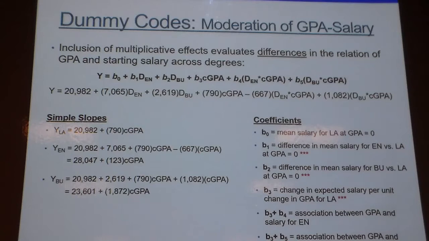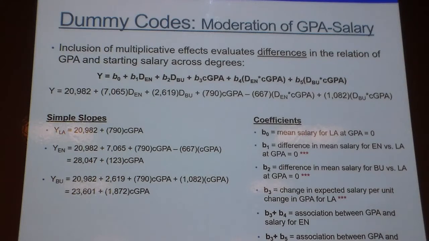So if I want to test the simple slopes for my other groups, all I have to do is make those other groups my reference group. I do that by creating new dummy codes so that whatever group I'm interested in is now my reference group, and then I look at my coefficient for GPA here.